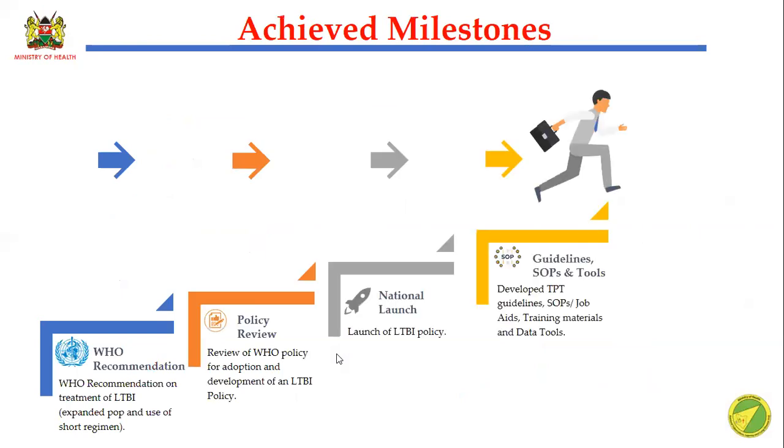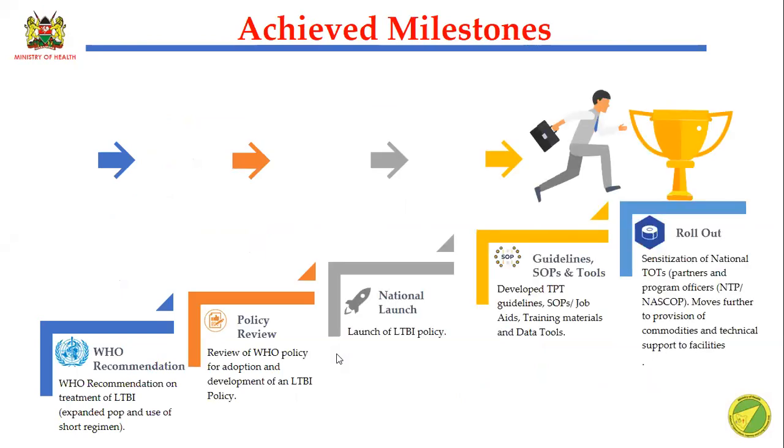These are just milestones of some of the things that we have done at the program. Maybe just to mention that in 2018, WHO gave some new recommendations on management of latent TB infection, and the recommendations included offering TPT to an expanded population. Earlier on, before this, we used to offer TPT to people living with HIV and also household contacts who are below 5.